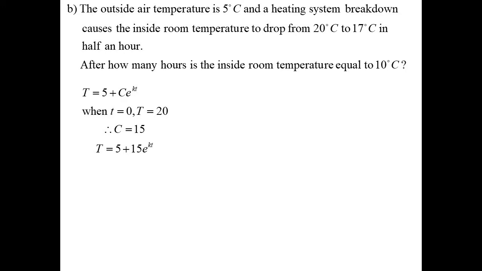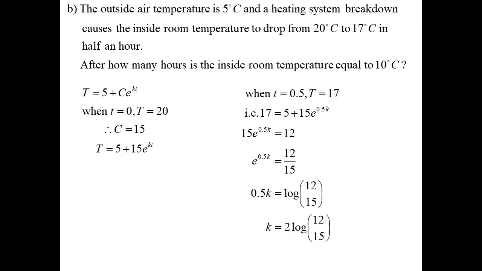We now need to work out our growth constant, or in this case it'll be a decay constant because we're decreasing in temperature. Well, we've been told that in half an hour it drops down to 17. So we know when t is 0.5, capital T is 17. So we just need to rearrange this and make k the subject. 15e^(0.5k) is 12.